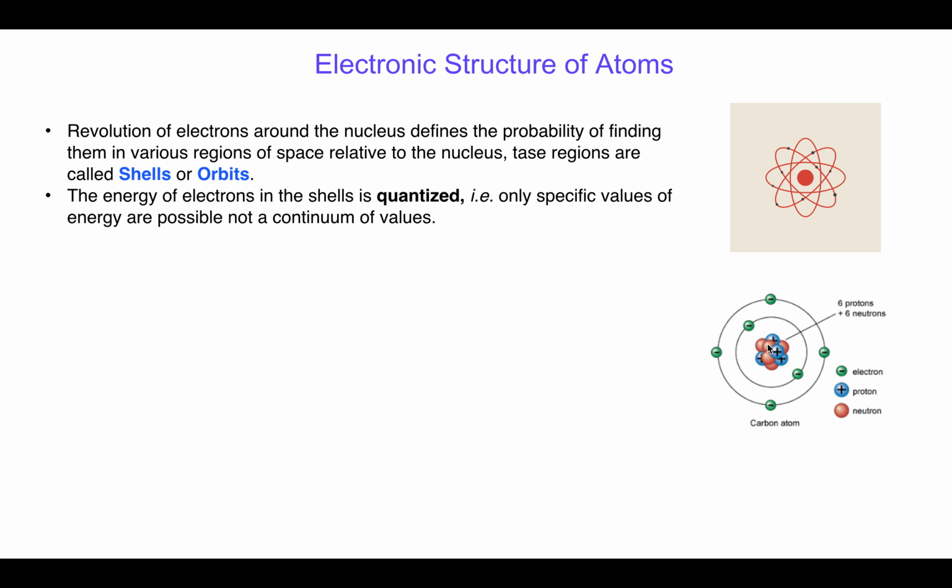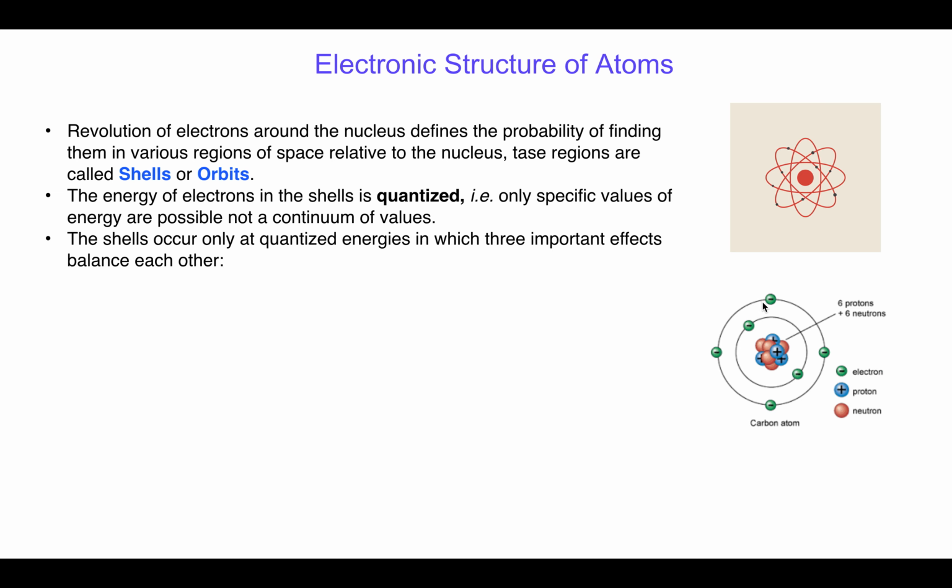So it means that, for example, if we take these two orbits or shells, this is, for example, the first shell inside a carbon atom, and this is the second shell. The energy of electron within this first shell has a specific value as compared to the energy of electron present in the second shell in this atom.